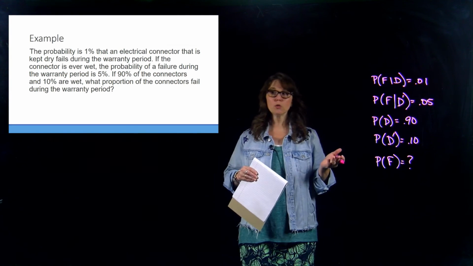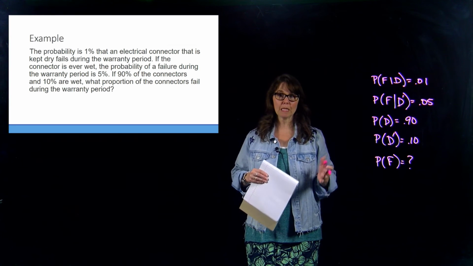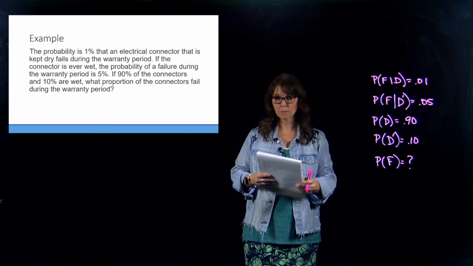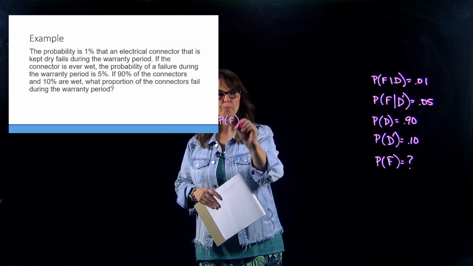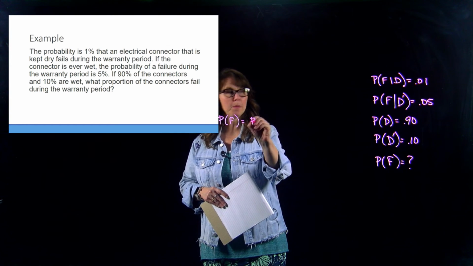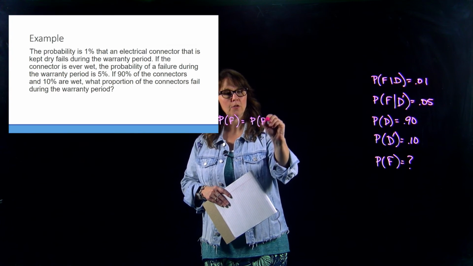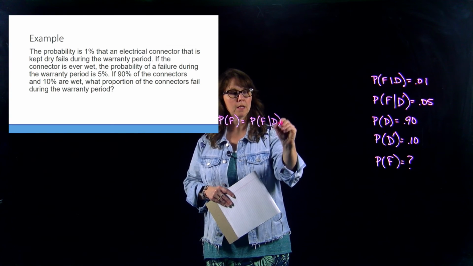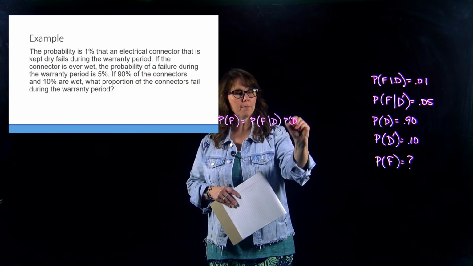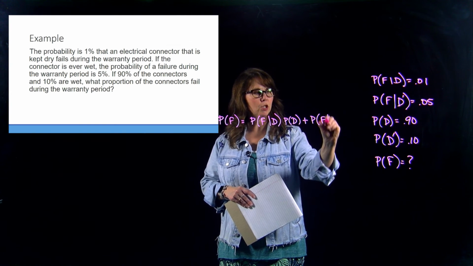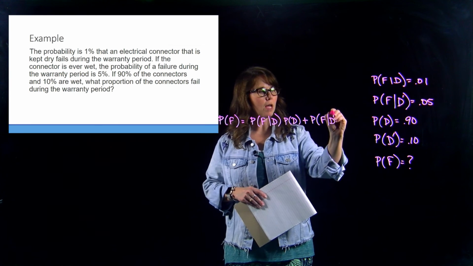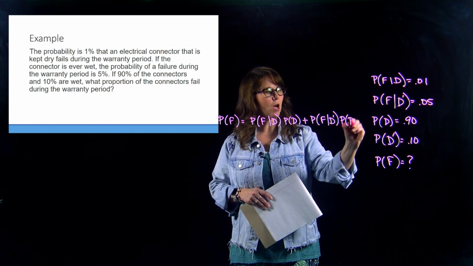Okay, so we're going to use that rule of total probability from the last slide, and it is located in your textbook. And so the probability of failure is going to be the probability of failure given dry times the probability of dry plus the probability of failure given not dry times the probability of not dry.